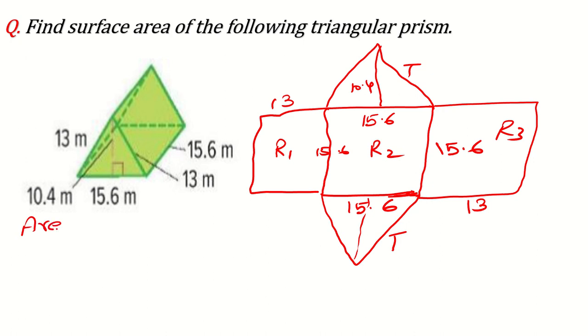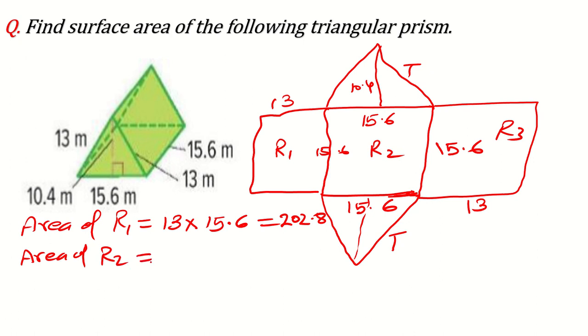So area of rectangle R1 will be equal to 13 multiplied by 15.6. So again, my favorite calculator here, 13 multiply 15.6 is equal to 202.8. Okay. Now, area of R2 will be equal to 15.6 multiply 15.6, that is 243.36.